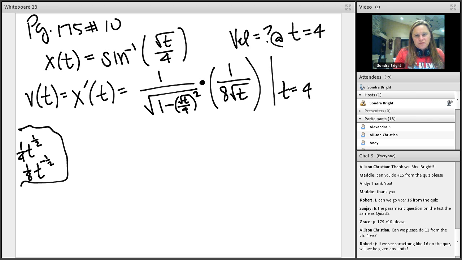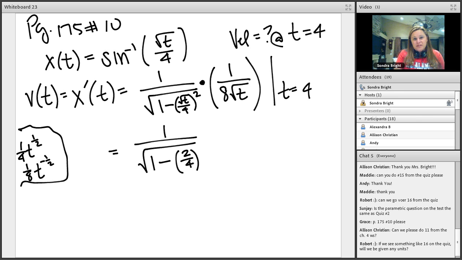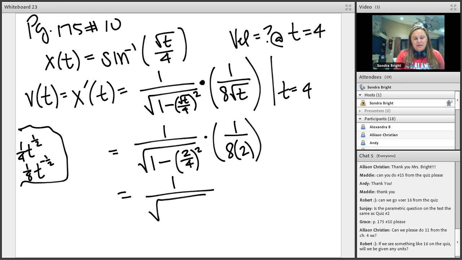When t equals 4, it's 1 over the square root of 1 minus, when t is 4, you'd have the square root of 4, which is 2, and then over 4. Obviously, I could have simplified that, but I didn't. And then all over 1/8 times root 4, which is 2. Maybe I should have simplified, I would have made my life easier.